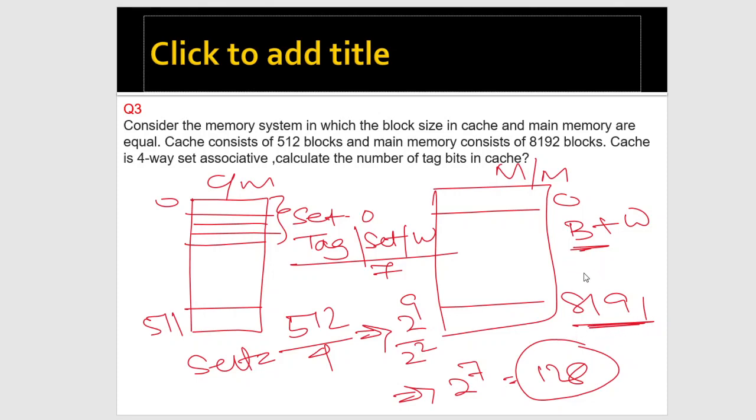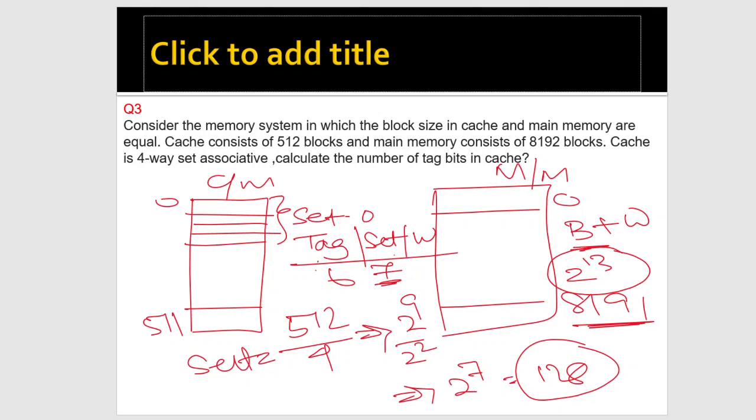How much is 8192? 2 to the power 10 is 1K, 11 is 2K, 12 is 4K, so it is 2 to the 13. That means the block field is 13 bits, which is a combination of tag and set. So if set is 7, tag will be 6. Clear? So tag bits will be 6, set bits will be 7, and W is not required here because it is asking for the tag bits. So this we can compute.